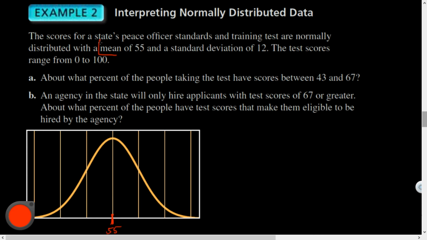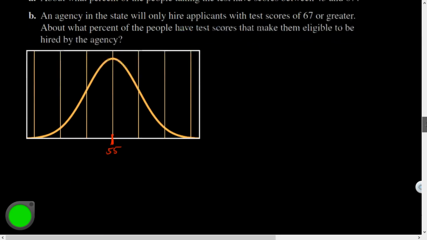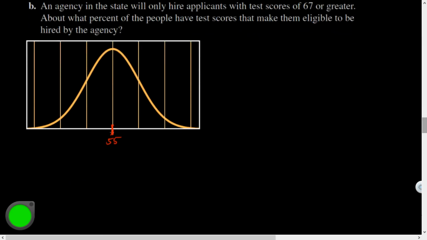That's my mean. And then they said a standard deviation of 12. Okay? So that means if this is 55, what's 55 plus 12? Yeah, so that's going to be 67. What's 67 plus 12? 79. 79 plus 12?